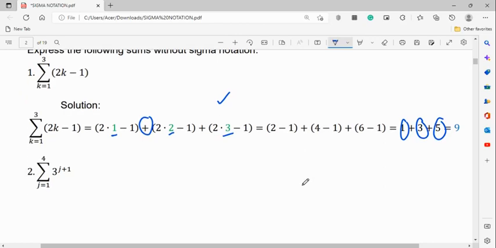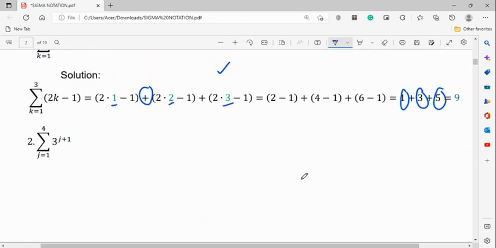Okay? In number 2 naman, you're going to substitute j from 1 to 4. Then you will have 3 raised to 1 plus 1, that must be 1 plus 1, plus, move to 2, 2 plus 1, plus 3 raised to 3 plus 1.